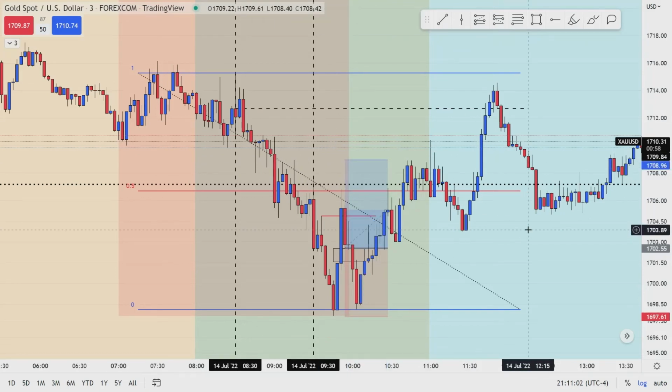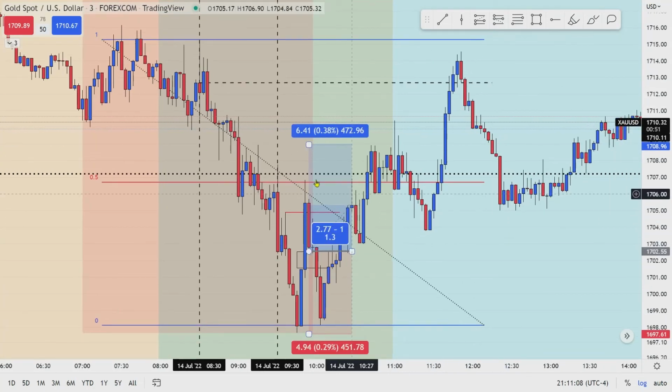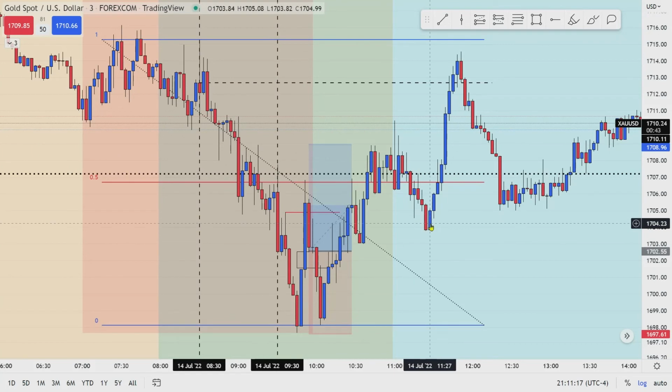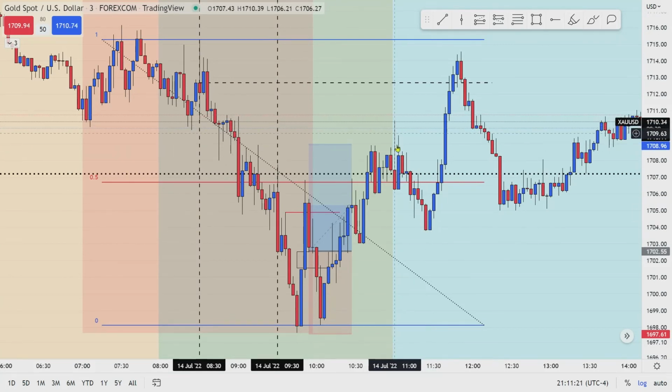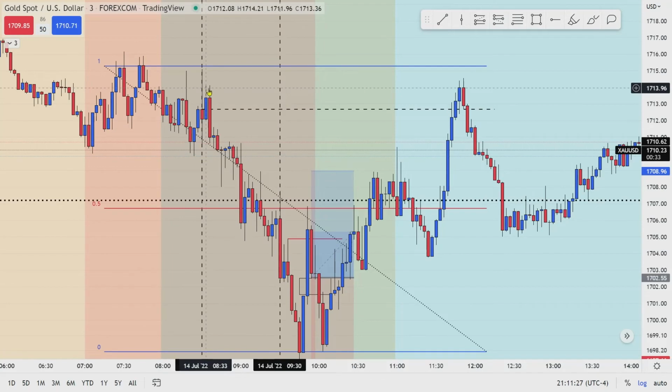And looking back at price as we do a study of it, we can see that price, as soon as it took out this high right here with this candle, it started to reverse again. But if you had held that position, price ended up going back and taking out this high right here.